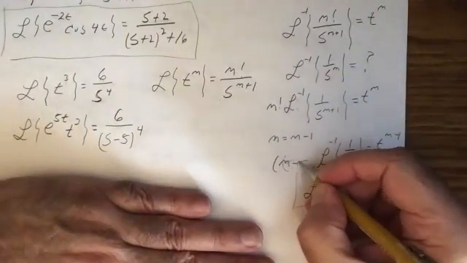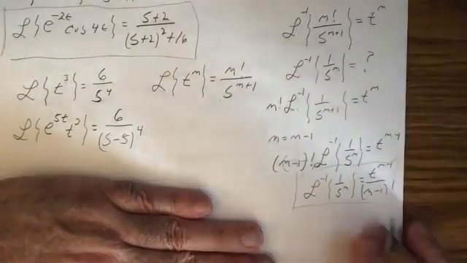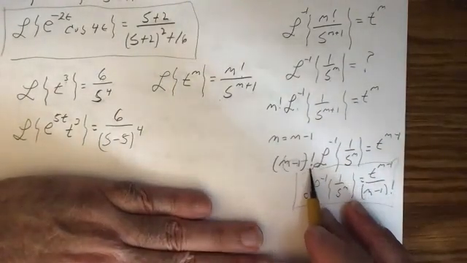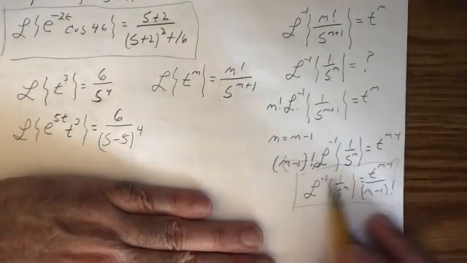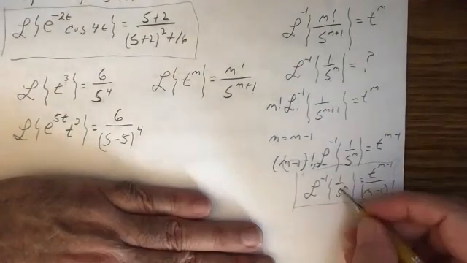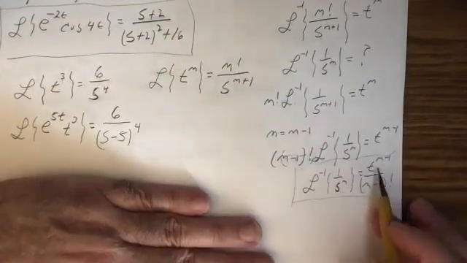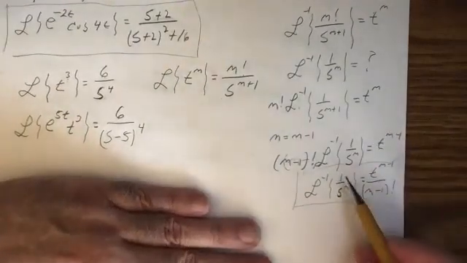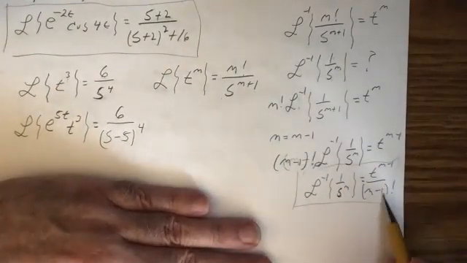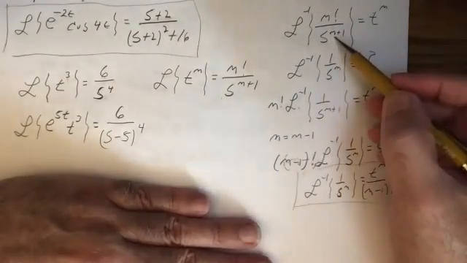And then I just bring the n minus 1 factorial down. So if I ever see any power of s to the n, and I want to find the inverse Laplace transform of 1 over s to the n, it would just be written like this. This is sometimes easier to use than this.